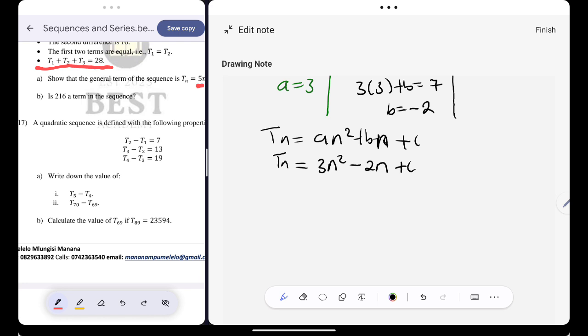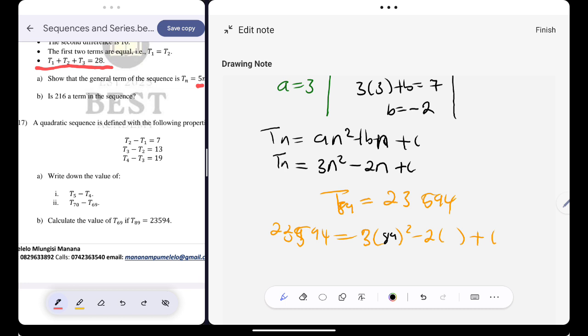This is Tn, but I know that whenever n is equal to 89, I will have 23,594. So I will have 23,594 if and only if my value of n is 89. So by just doing this, I can find the value of c.